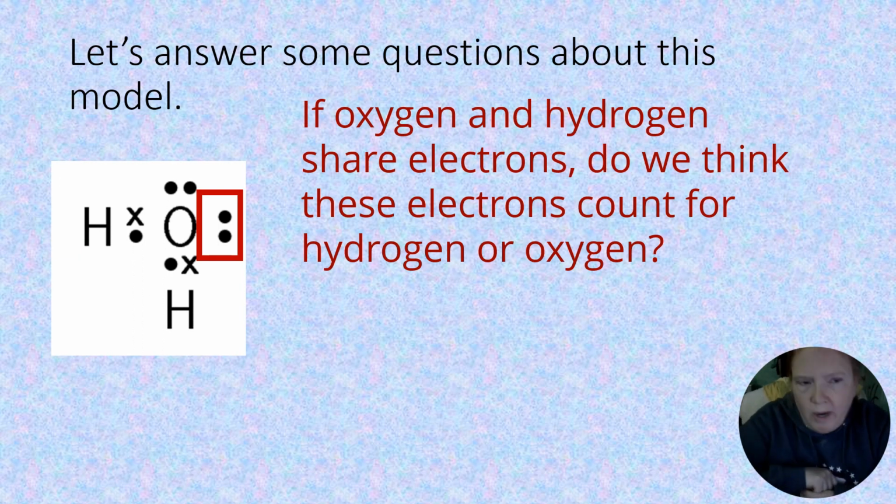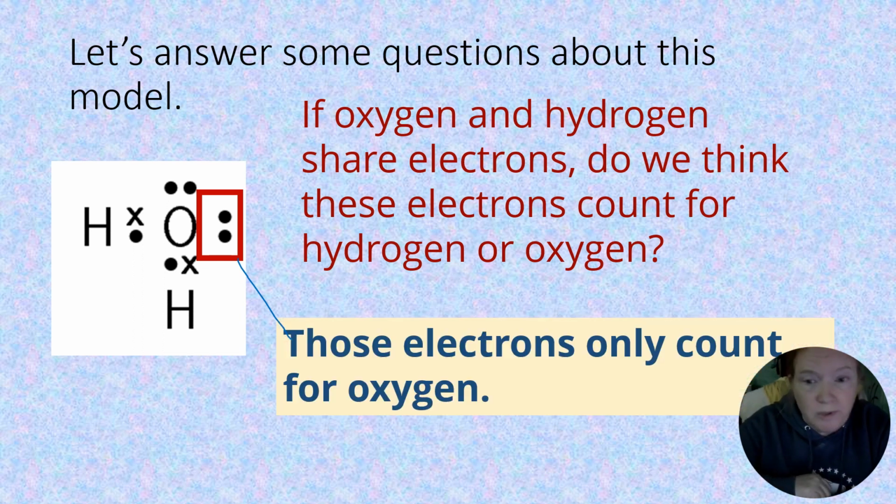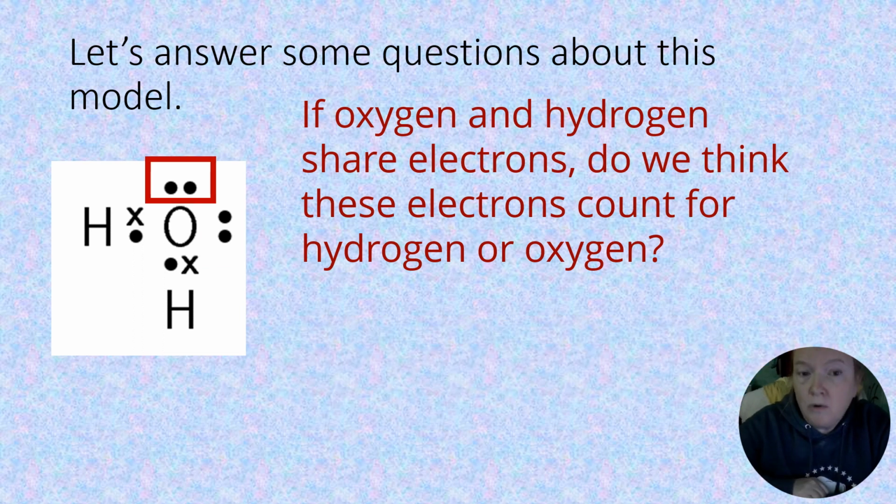So let's answer some questions about this model. If oxygen and hydrogen share electrons, do we think these electrons, the ones that are in the box right here, count for hydrogen, oxygen, or both? Yeah, those electrons only count for oxygen. All right, what about those electrons?